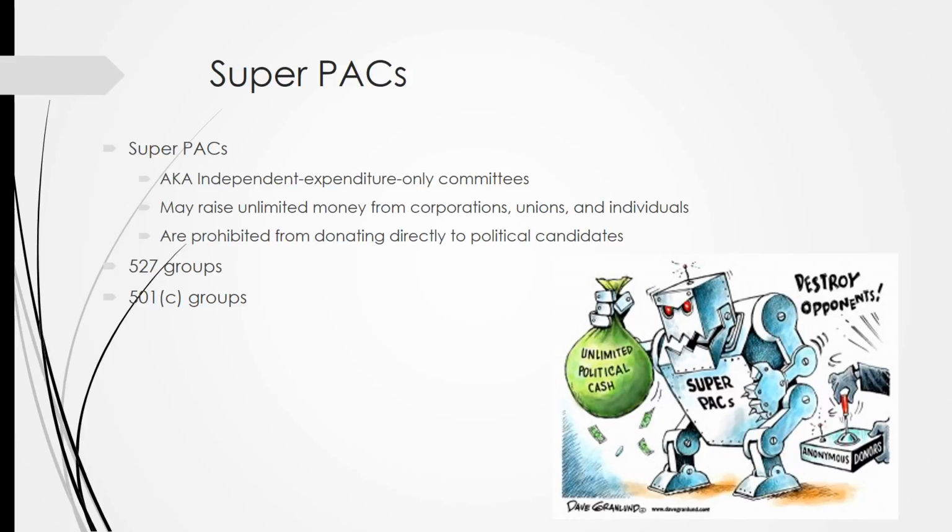So again, I would highlight super PACs, be familiar with it. You have two other things called 527 groups and 501c groups. I'm not going to test you on those. I want you to have seen them. And basically, for our purposes, if you happen to see them on an AP test, which I don't think I've seen them on any of the released exams, I would want you to treat them as if it's a PAC. And that's not technically correct. They are different. Those are tax codes. That's why they're those numbers.